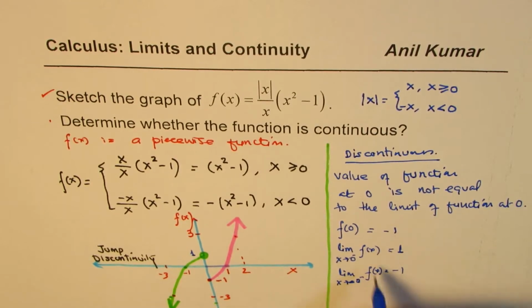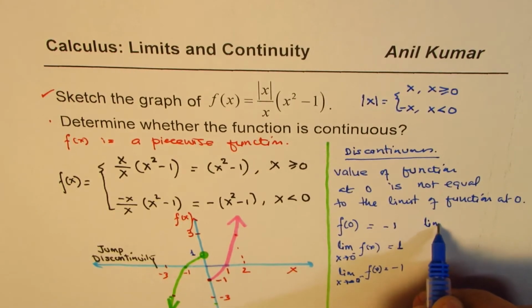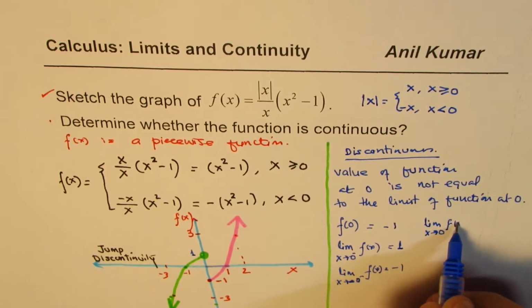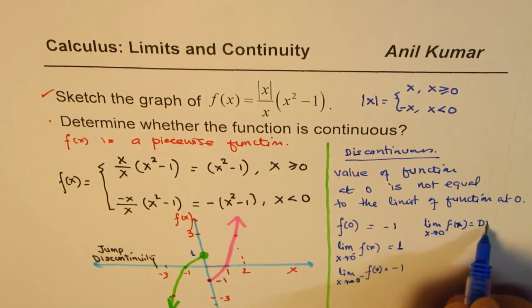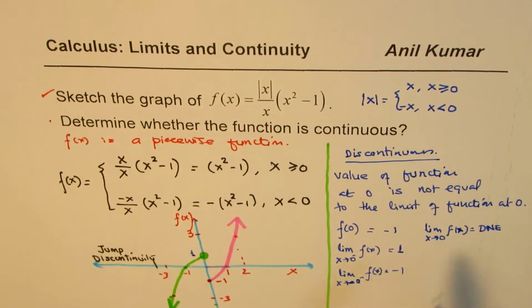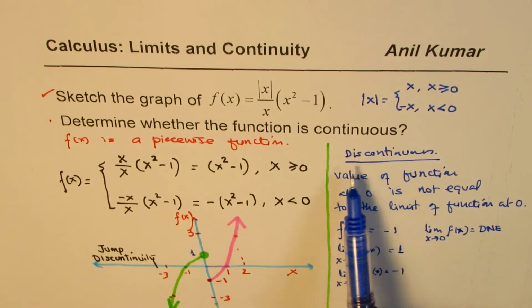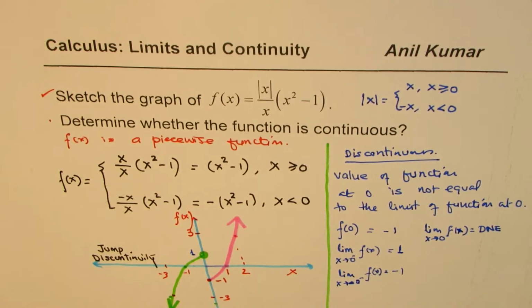So in fact, what we see here is that the limit as x approaches 0 for the given function does not exist, right? Since the limit does not exist, we could have said that the function is not continuous. For a continuous function, it is necessary to have the limit.